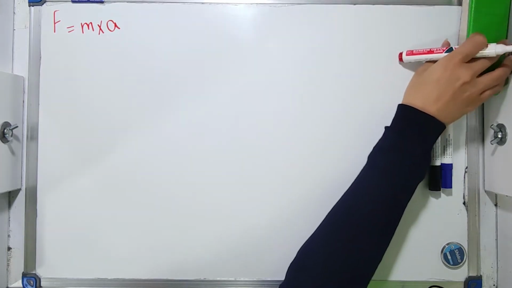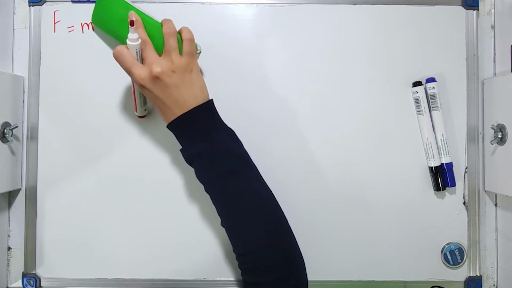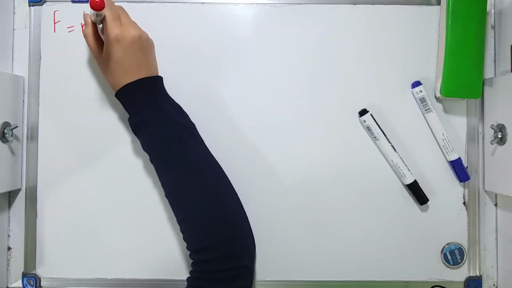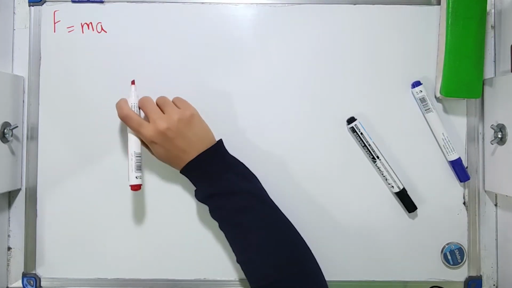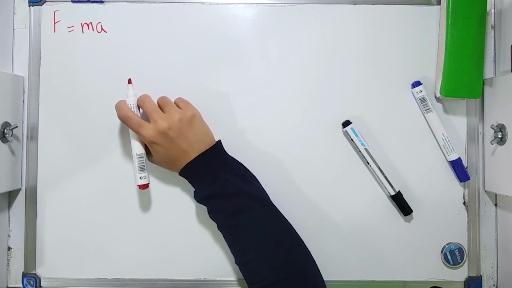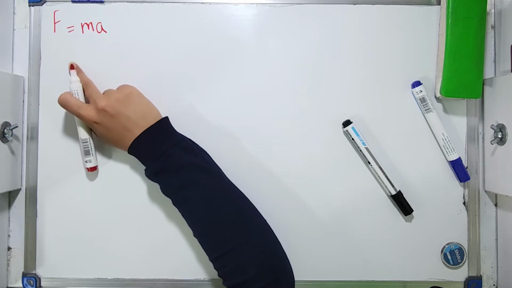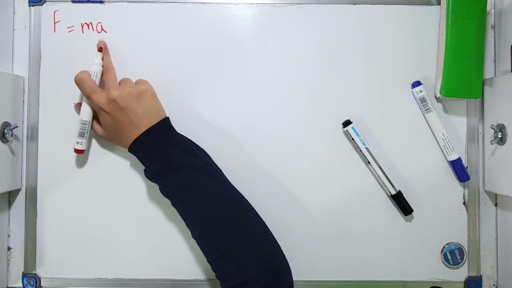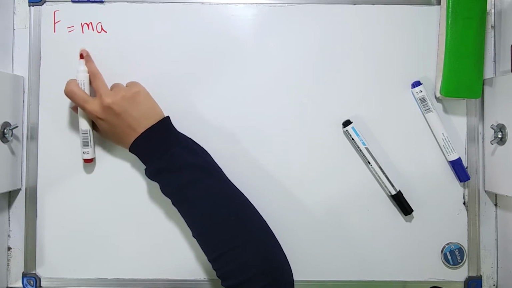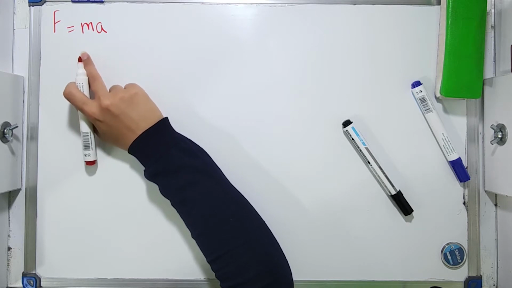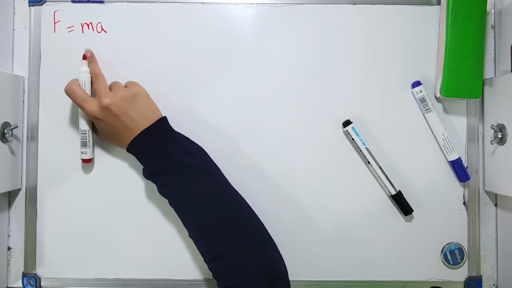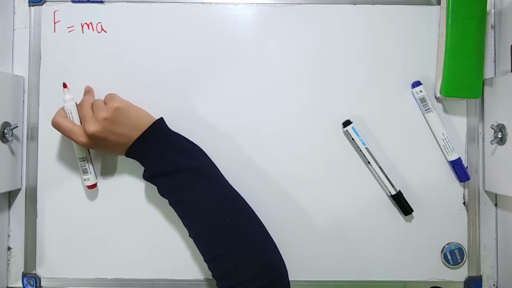Or if I want to show it shorter, it will be like that. So whenever you see two parameters beside each other, it means that between them you have multiplication. I just show it in a simpler and shorter way.